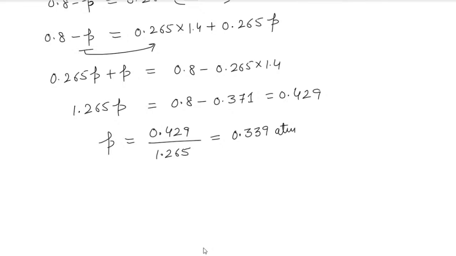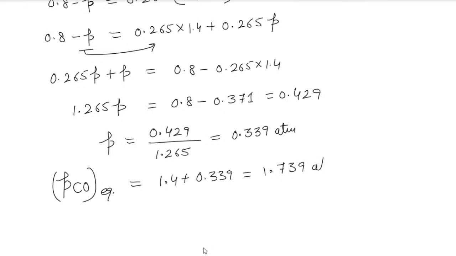Okay. Now the pressure of CO at equilibrium is equal to 1.4 plus P, that is 1.739 atmosphere.